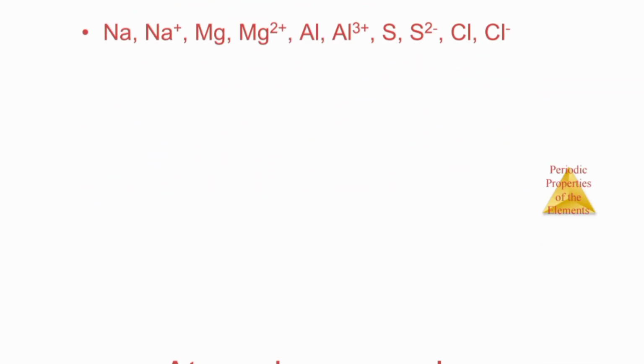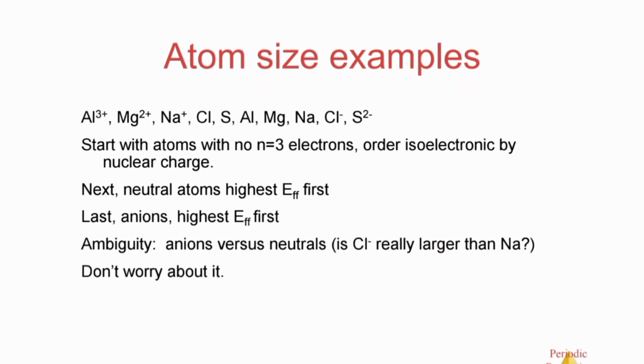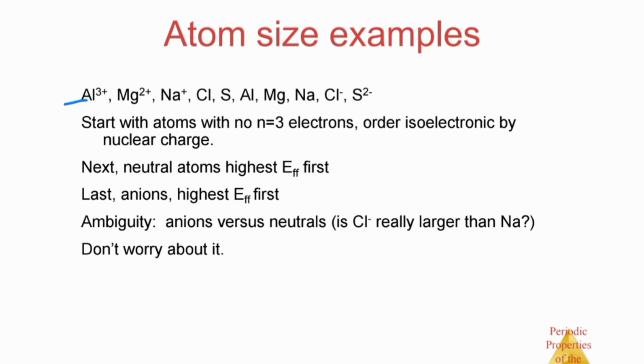Solve this. Here is the answer. Aluminium loses 3 electrons, so you can say its size is smaller than magnesium. Magnesium loses 2 electrons, and its size is smaller than sodium, which loses only 1 electron. Chlorine is in the 17th group, and when we move across a period, the atomic size decreases.